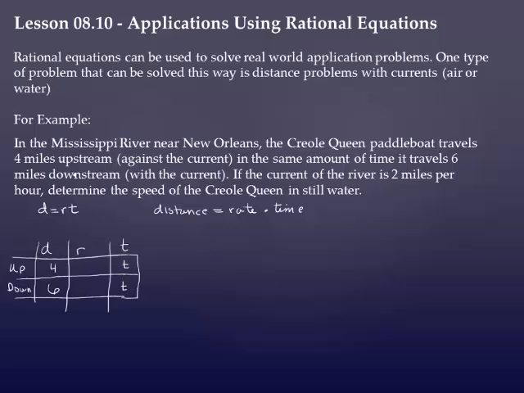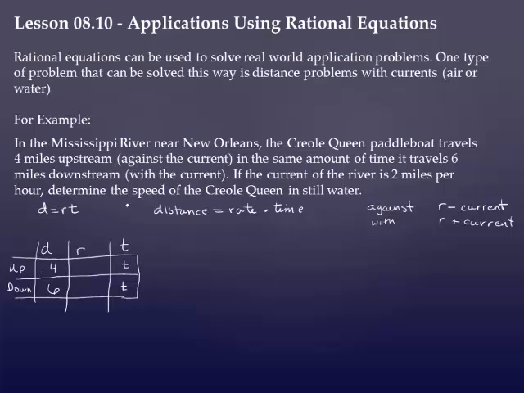If you go against the current, then you do rate minus the current, because you have to subtract the current since you're fighting against it. If you go with the current, you're doing rate plus the current, because the current is pushing you along, so it's adding to your rate.